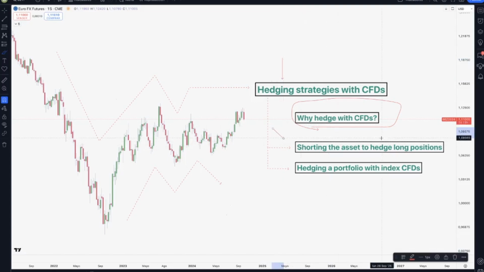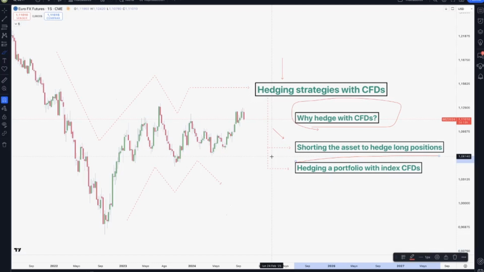Let's start talking about shorting the asset to hedge a long position. So this is the most straightforward hedging strategy using CFDs that you can find. If you hold a long position in an asset and anticipate a temporary decline, you can open a short CFD position on that asset to protect your portfolio. For example, you own 10,000 worth of Apple. You have the shares and you expect a short-term downturn.